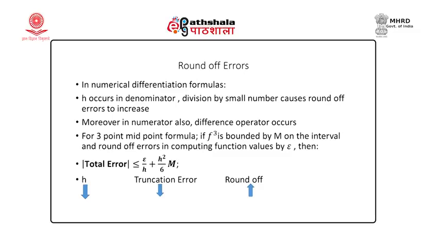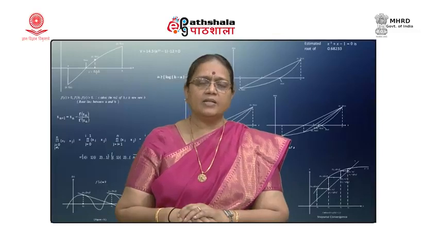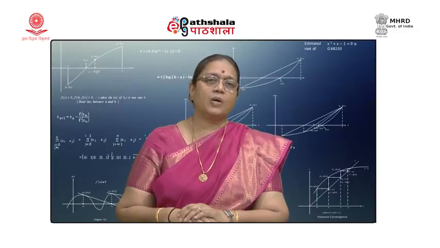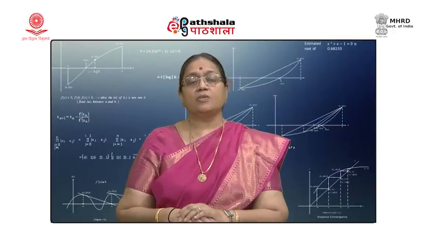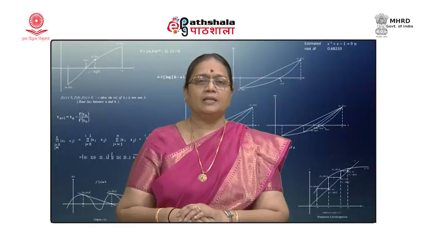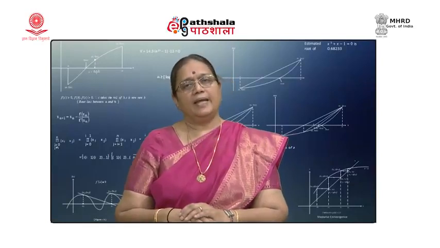Now, in the case of numerical differentiation formulas, truncation error we have seen. Now, let us come to round off errors. In the case of numerical differentiation formulas, round off errors also play an important role, for the simple reason that the formulas involve division by h.